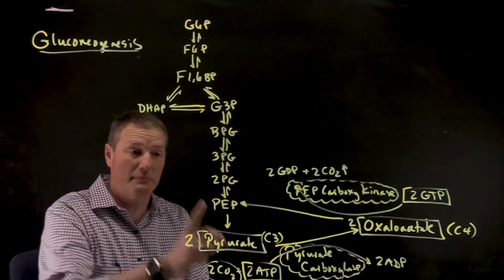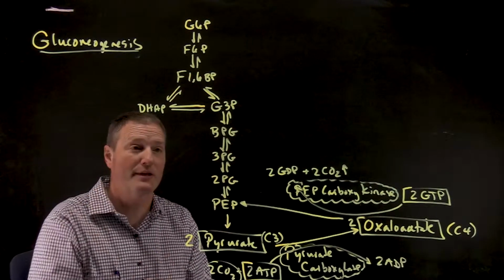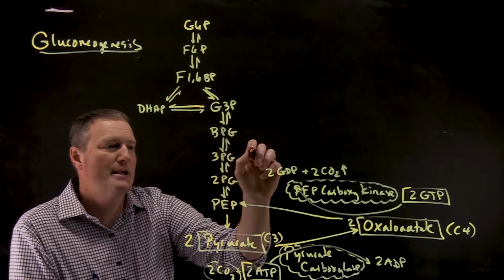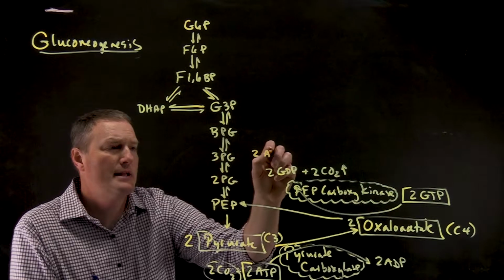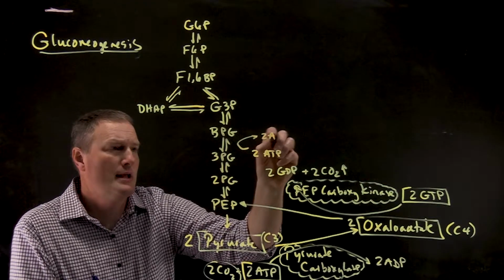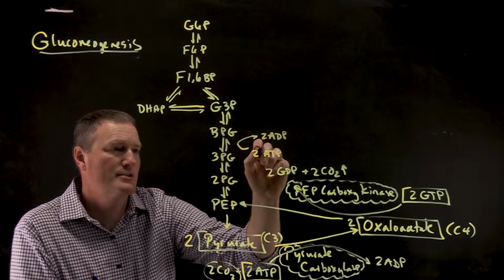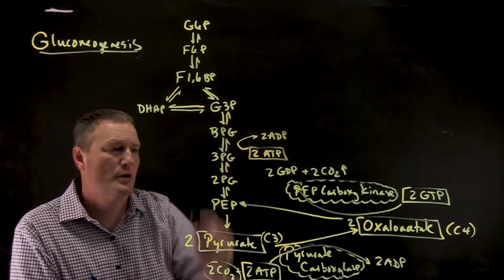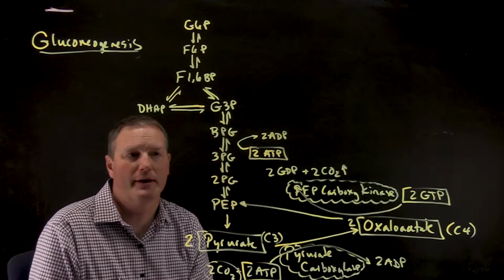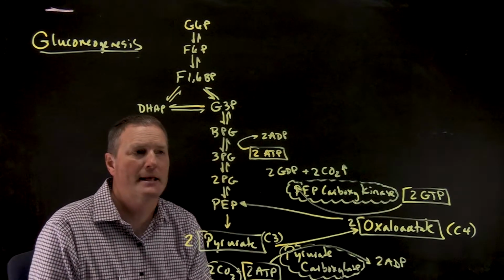Okay, now going in the upwards direction, there are a couple other things that we really need to put on here. First, in this step right here, 2 ATPs are converted into 2 ADPs right there. So we use another 2 equivalents of ATP. This is just a reversal reaction of the glycolysis enzyme.